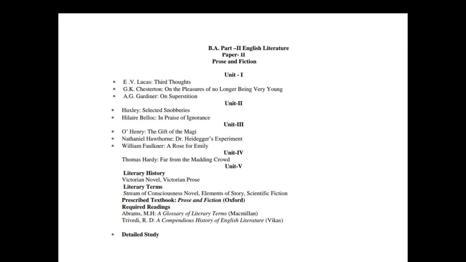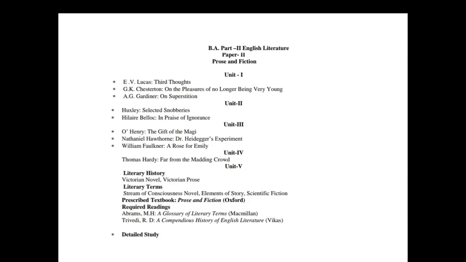O. Henry, William Sidney Porter, was better known by his pen name O. Henry, an American short story writer. The next one, Nathaniel Hawthorne, American novelist and short story writer, and his story Dr. Heidegger's Experiment is prescribed in our syllabus.